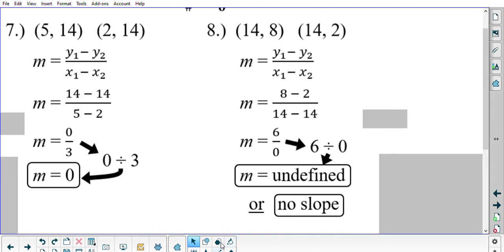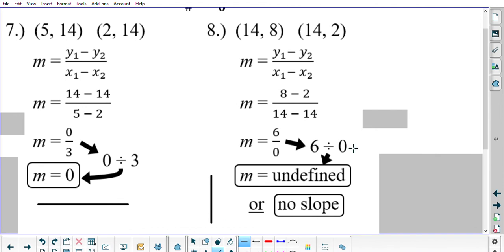In fact, to put this into more terms for you to understand, 0 slope is when you have a flat horizontal line. No slope is when you have a straight up and down vertical line. So they're very different lines, and that's why these are very different answers for slope. You'll get into more detail about this when you get to Algebra 1.